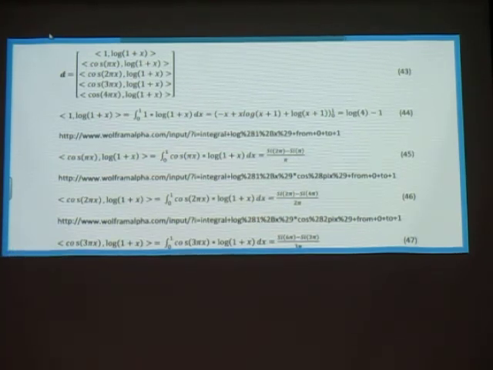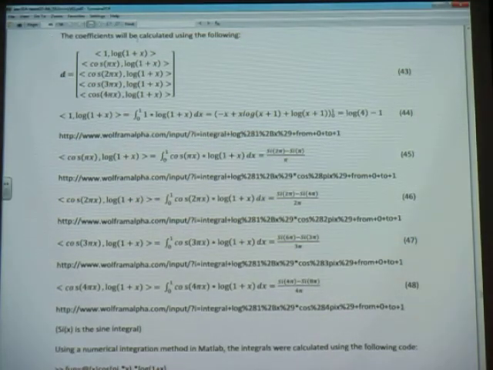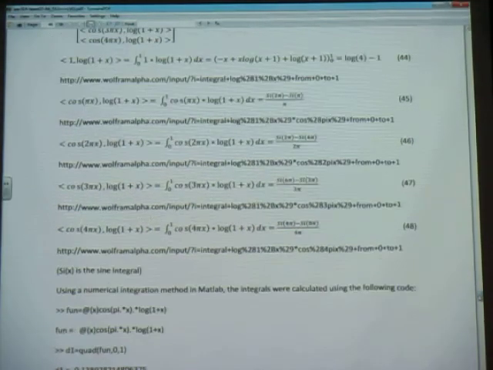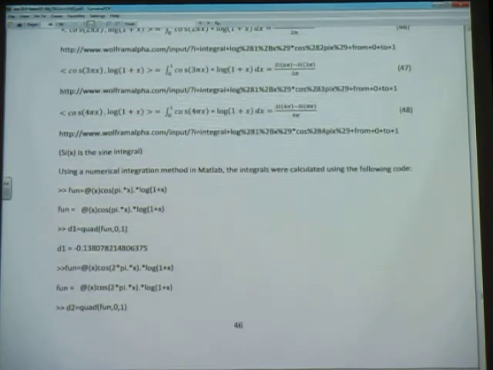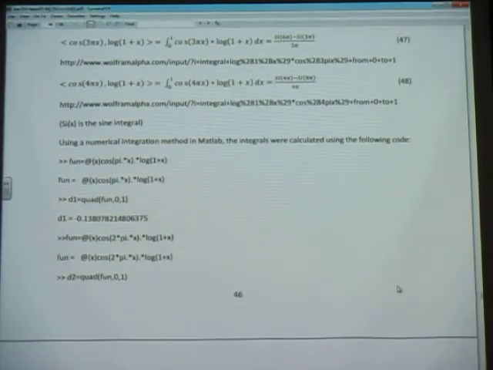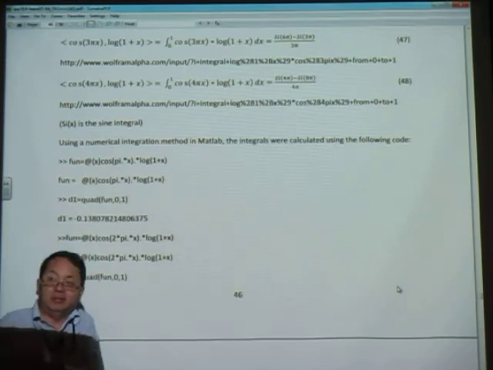And this team 7 did mention that. They mention it right here. But for some reason, students are so anxious to copy down the solution and misunderstood. They said here, SI is the sine integral.